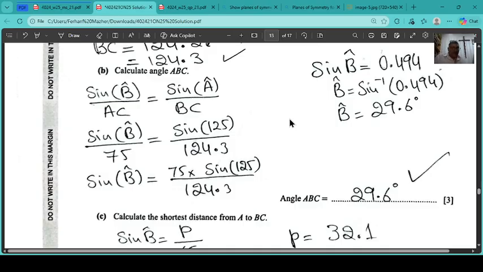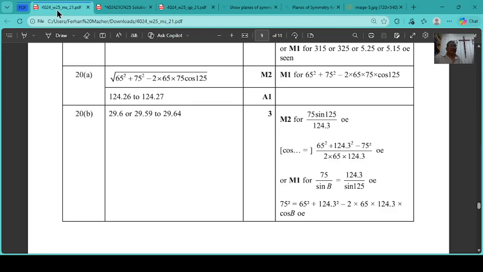So sine B will be equal to 75 multiplied by sine of 125, the whole thing divided by 124.3. You enter this on your calculator. So sine of B will be 0.494. So B will be sine inverse of 0.494. Your calculator must be set in degrees. So the angle B will be 29.6 degrees. 29.6 degrees is the right answer.